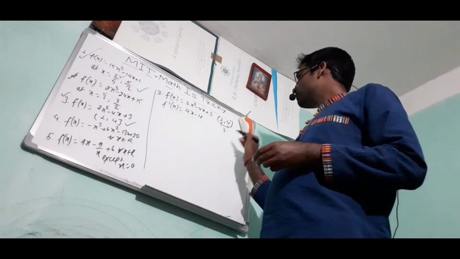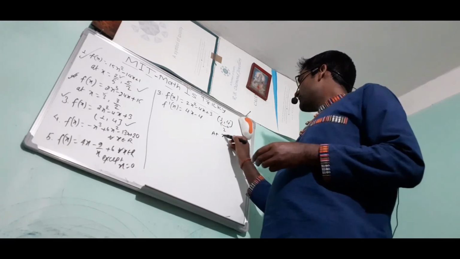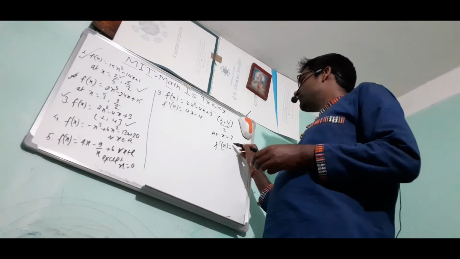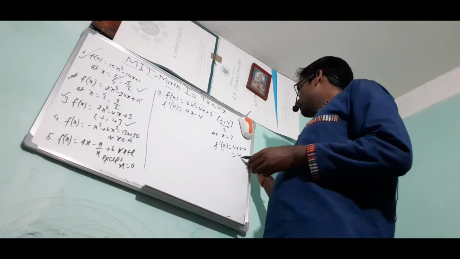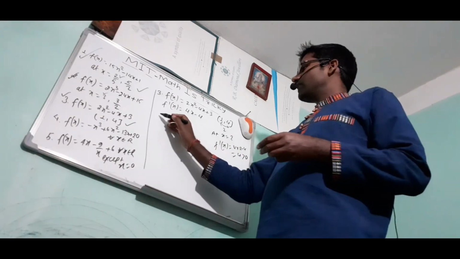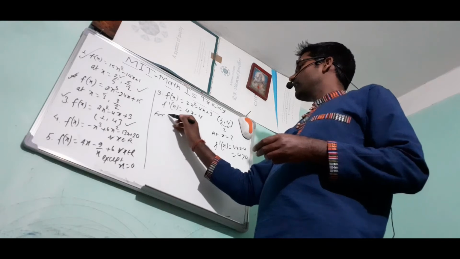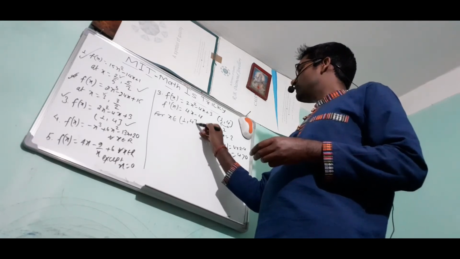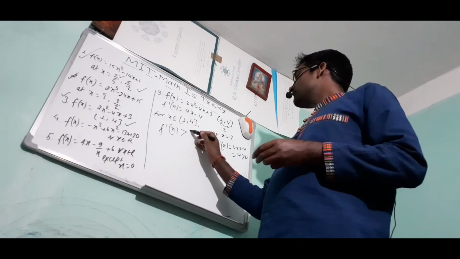So if we take here 2, we can see here at x equals 2, f dash x becomes simply here 4 into 2 minus 4. 8 minus 4 is 4, greater than 0. That means we can write here for x belonging to the given interval, f dash x is greater than 0.